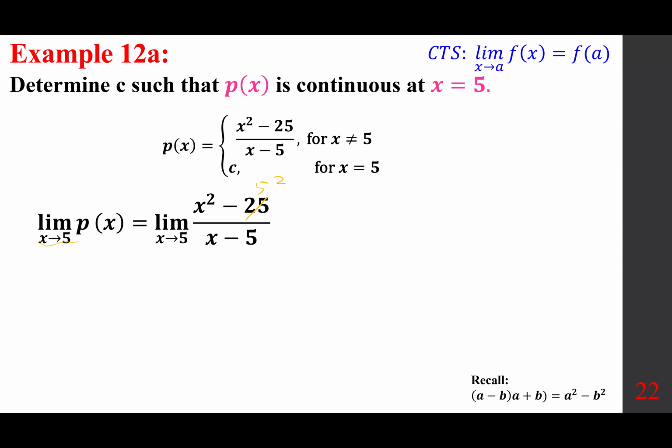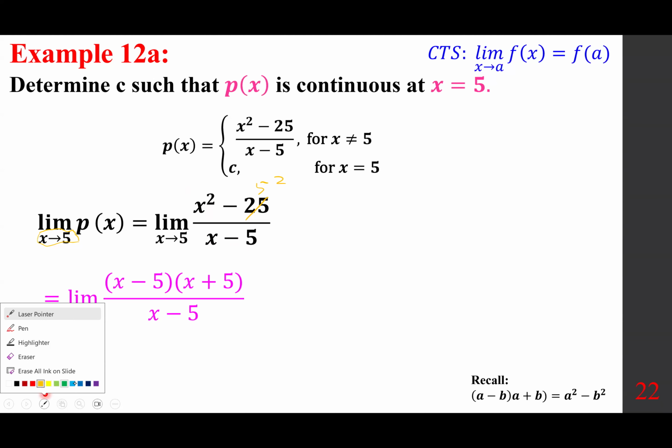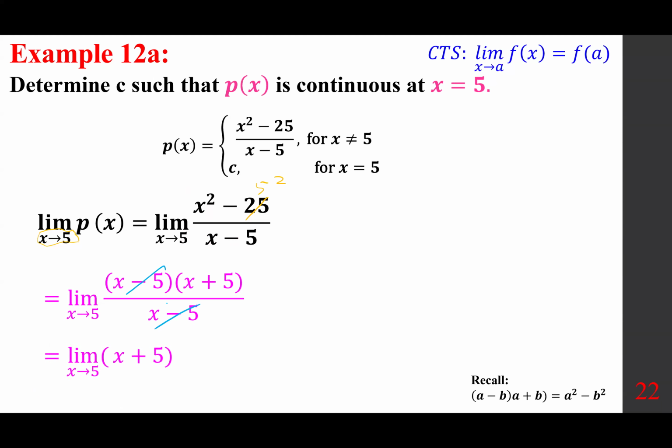Also remember, because x is approaching 5 makes the denominator 0, we should have a factor of x minus 5, and we do. These two cancel each other. The limit of x plus 5 as x approaches 5, you plug in, you get 10. So the limit does exist, and it's equal to 10.